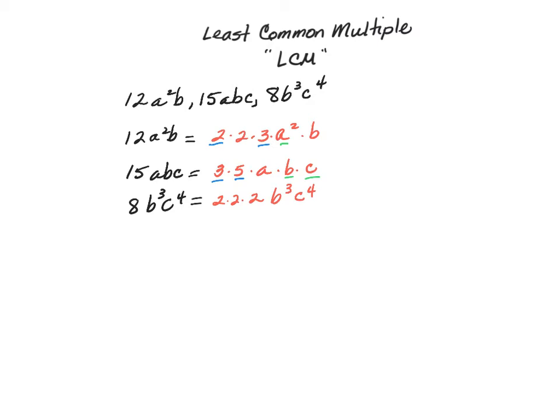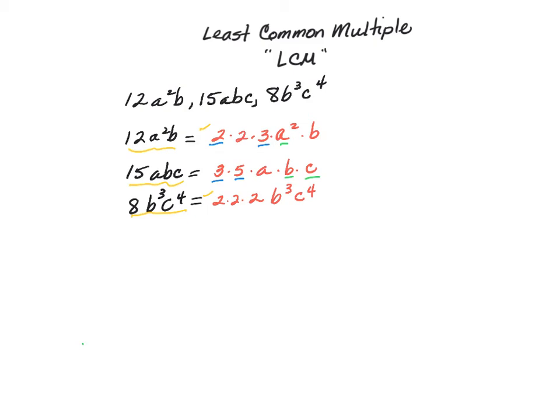The next thing that we need to do is make sure that we use each one of these factors the greatest number of times that it appears in any one of our 3 monomials. For example, there's a 2 in here and there's a 2 here and a 2 here. But the greatest number of times that it occurs is 3 times.